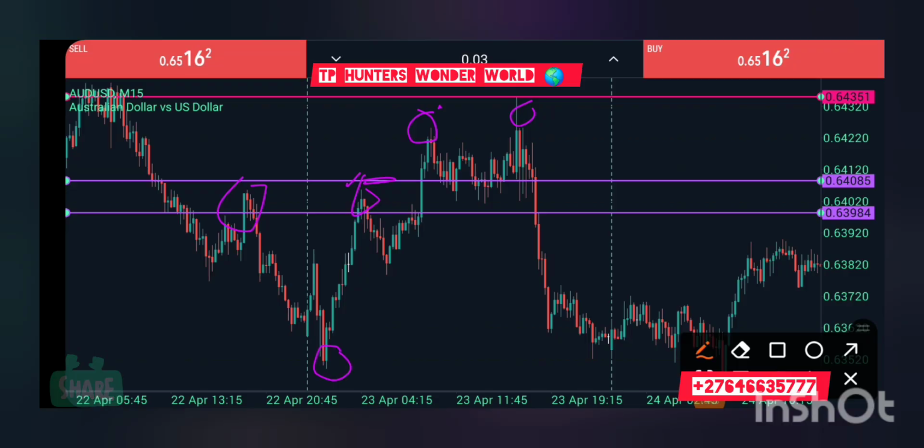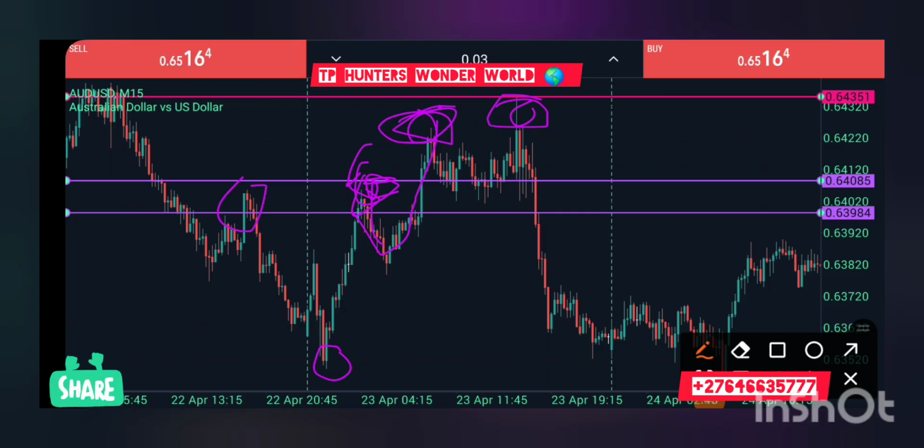Okay? Wait for the liquidity grab, wait for price to take out the BSLs. Allow price to take out those BSLs. Buy side liquidity. We call this the BSLs.